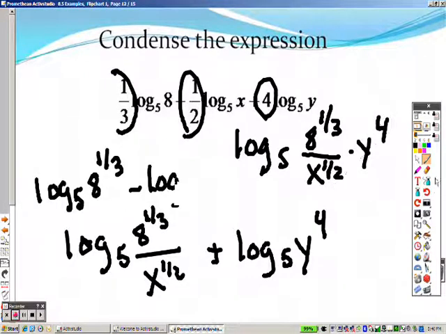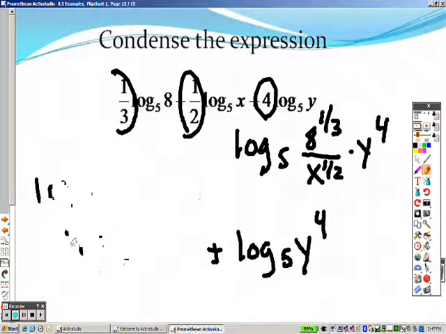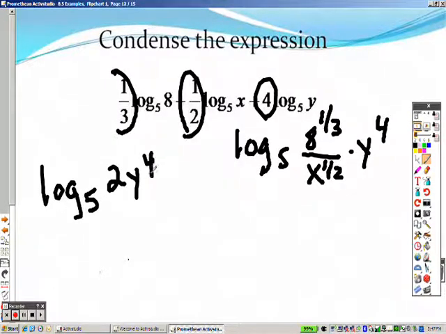And what happens is, if you really want to think about it here, 8 to the 1/3 is like saying what number 3 times gives you 8? Well, that number is 2, so it's 2y to the 4th over x to the 1/2.